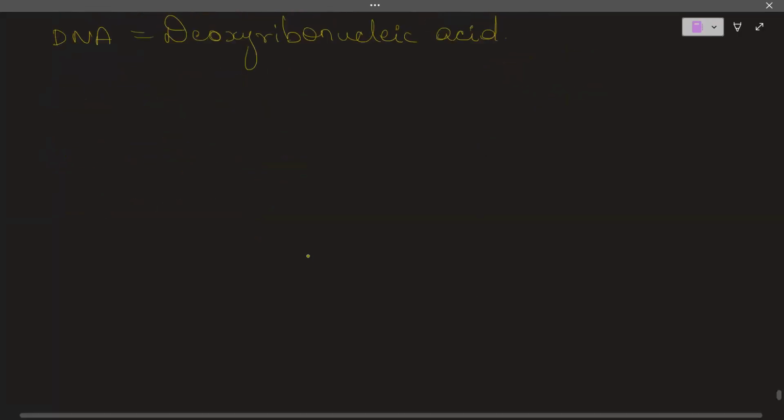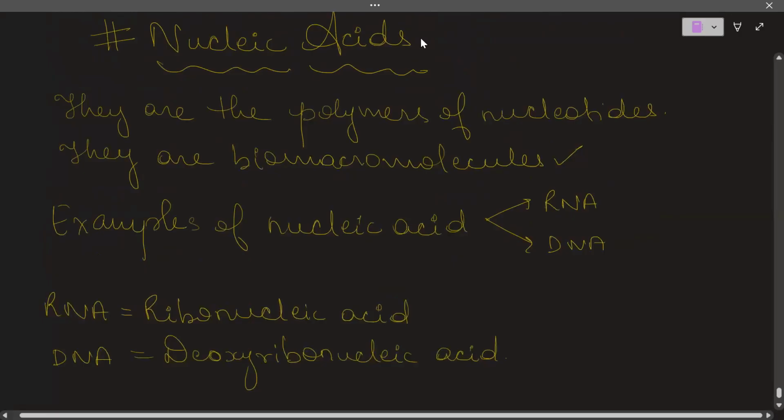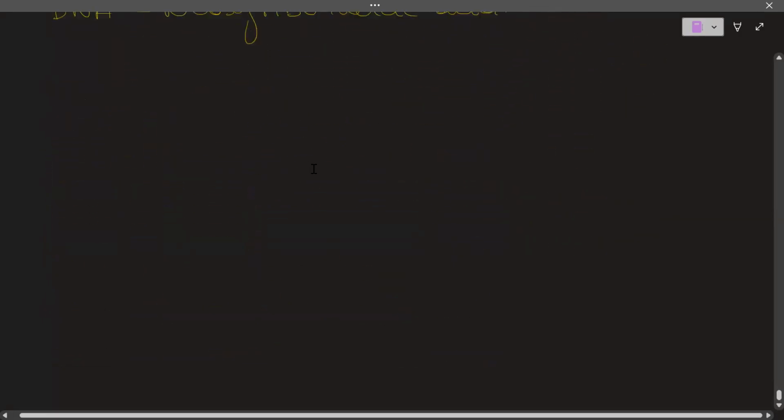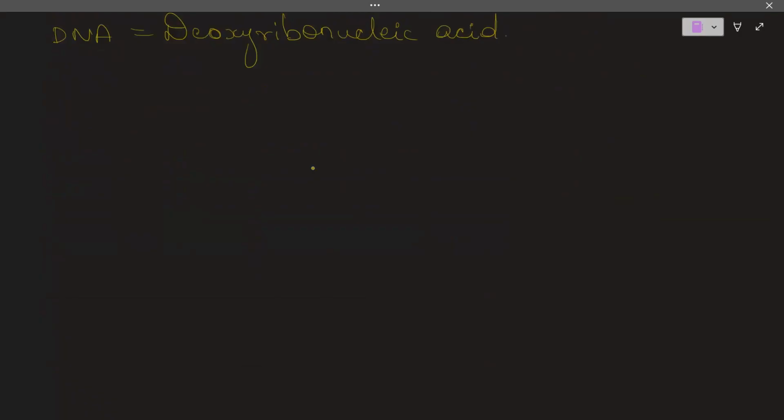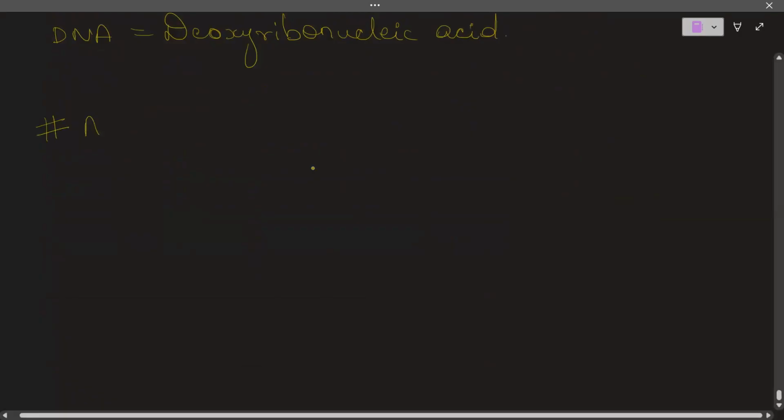First of all, before we talk about the nucleic acid, we must know what a nucleotide is, because we saw here that nucleic acids are polymers of nucleotides, right? When we talk about a nucleotide, always remember that it has three components. First, the pentose sugar.